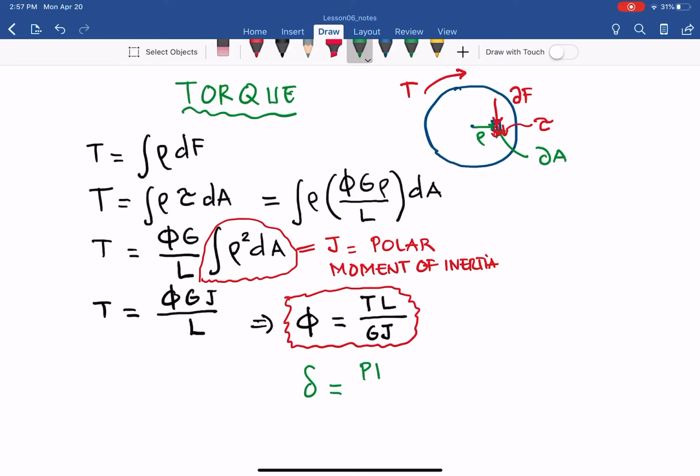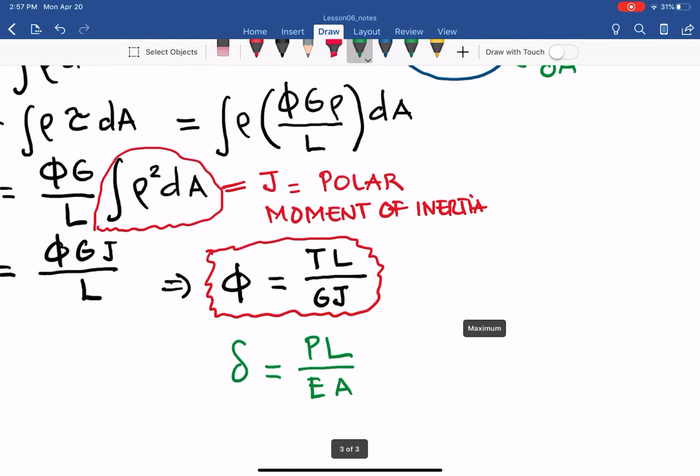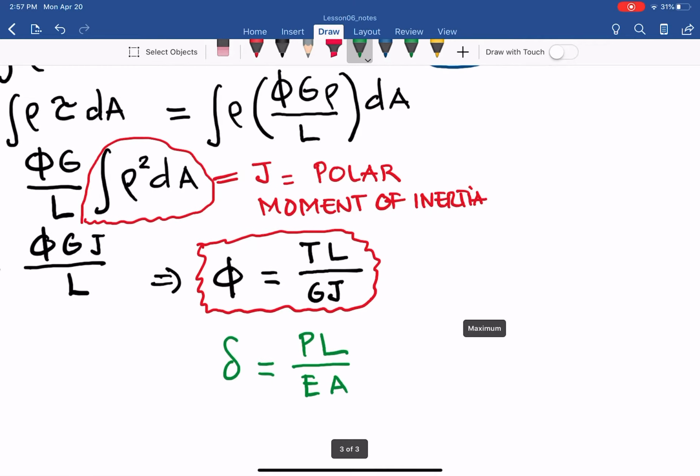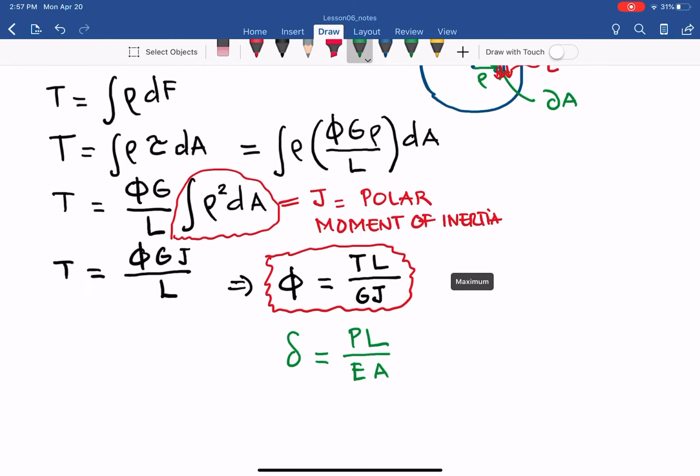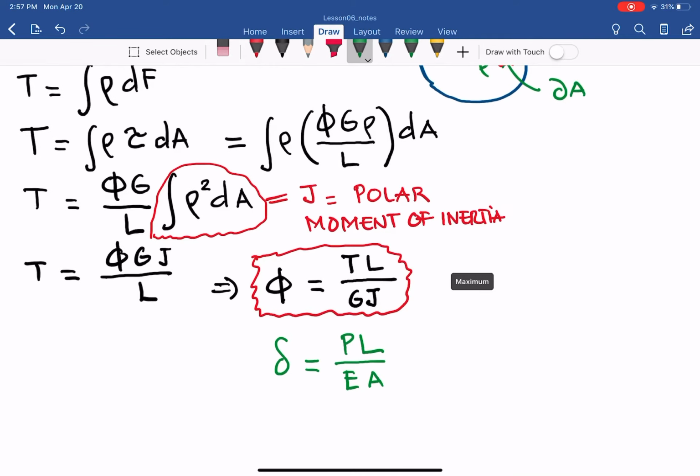P L over E A, or A E. So you see the similarity here. If I apply a load P, then it goes with the axial deformation delta. And if I apply a load T, the torsion T, then it goes with the angle of twist phi.